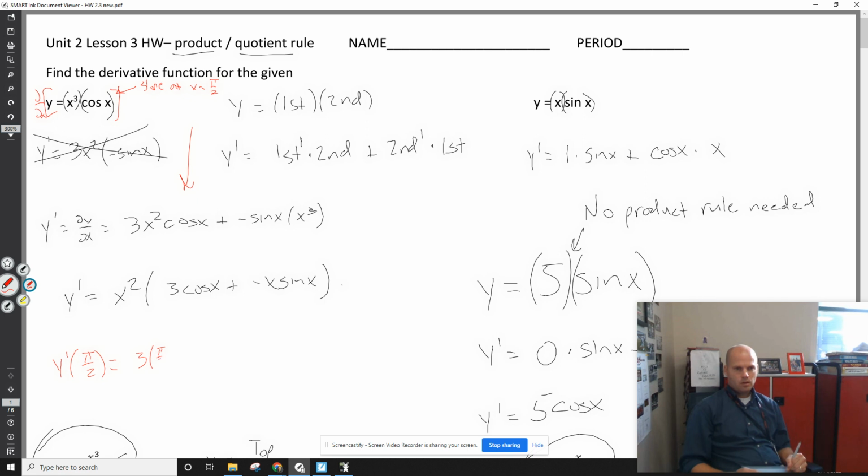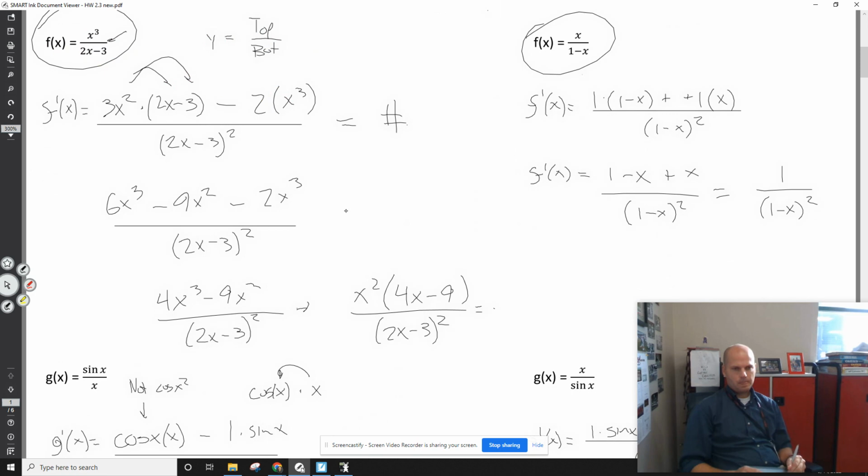You have 3 pi over 2 squared, the cosine pi over 2, plus negative sine pi over 2 times pi over 2 cubed. Cosine of pi over 2 is 0, so this guy is just 0. Over here, the sine of pi over 2 is 1, and then pi over 2 cubed is pi cubed over 8. So the answer is negative pi cubed over 8. You would get the same thing if you plugged in pi over 2 here. You just have to distribute it and undo it. So again, simplified doesn't necessarily help you, especially when you're just plugging in.